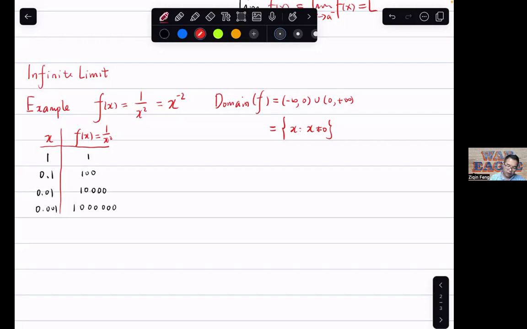And the same thing for negative numbers, because as I mentioned, the square will make all the negative numbers to positive numbers. You can see that the y value is getting larger and larger, if you try to imagine, no upper bound, right? If this happens, we say the function value goes to positive infinity.